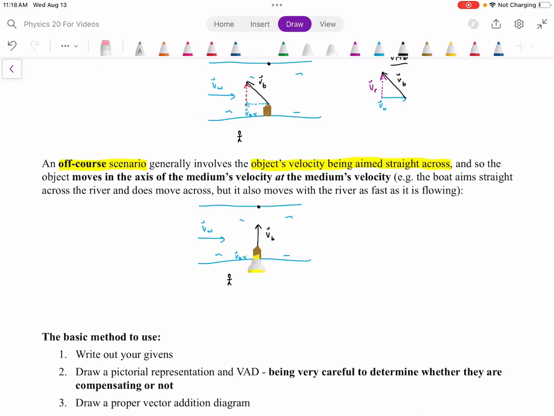Well, the boat is going to move across the river in the y-axis, but at the same time, they're going to be moving in the x-axis at however fast the river is carrying them. So they move in the axis of the medium's velocity at the medium's velocity. So the boat aims straight across the river, but at the same time, it's being carried by the river, in this case, to the right. And so it's not going to end up here by the time it gets across. It's going to be somewhere off course.